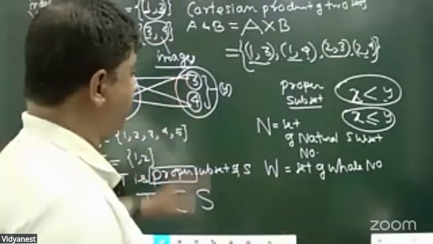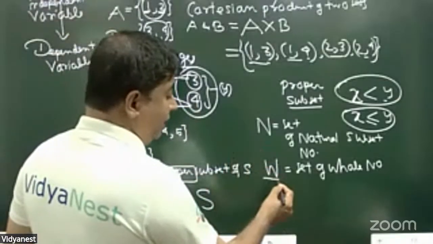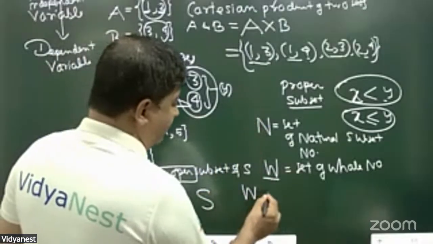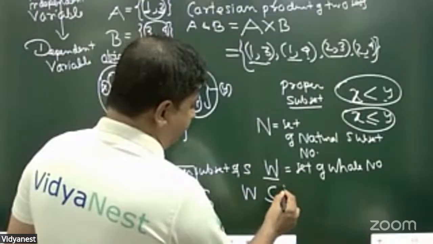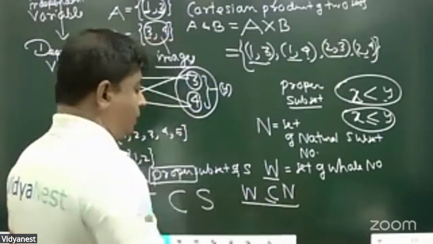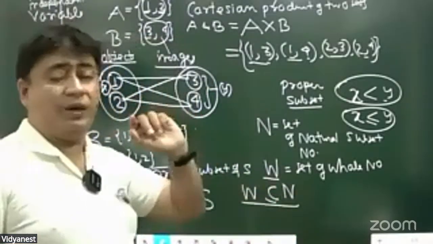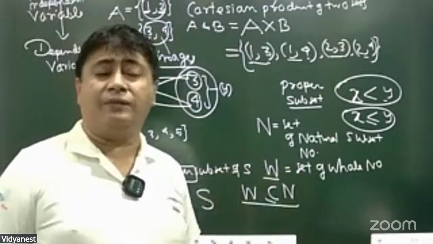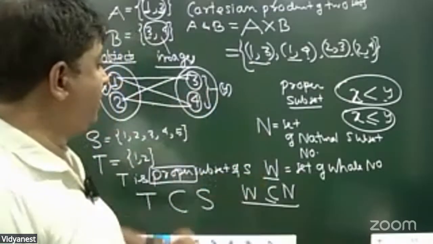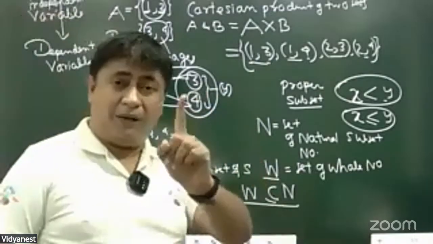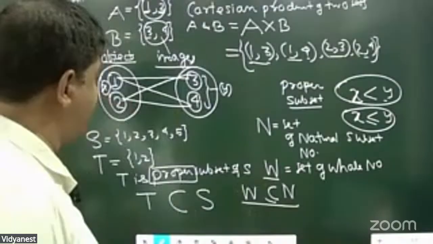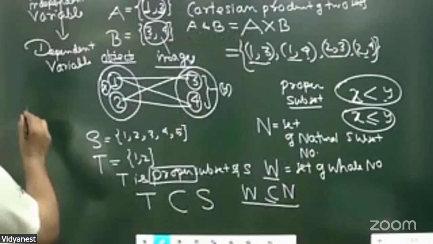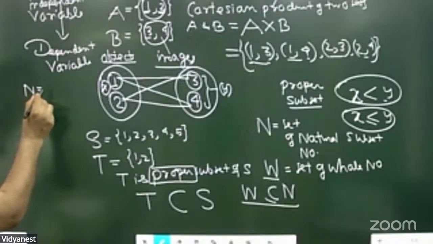So the whole numbers have one more element than natural numbers. So I can say N is a subset of W. You can ask me, how can you put the equality sign? Obviously, the set of whole numbers is greater than the set of natural numbers at least by 1 element. See, suppose you have got a natural number.